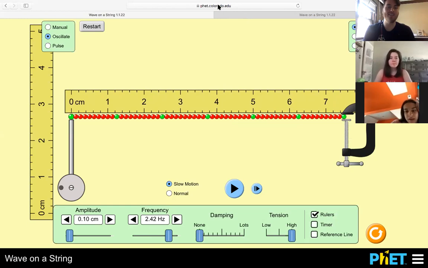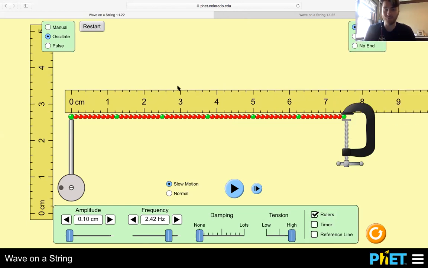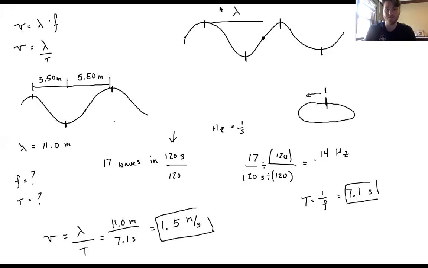So if I go and I want to figure out my specific wavelength, here, let's get rid of these. Clear all. Just remember my wavelength is always going to be 2 times the length divided by the harmonic. That's the equation that I want you to know from standing waves.